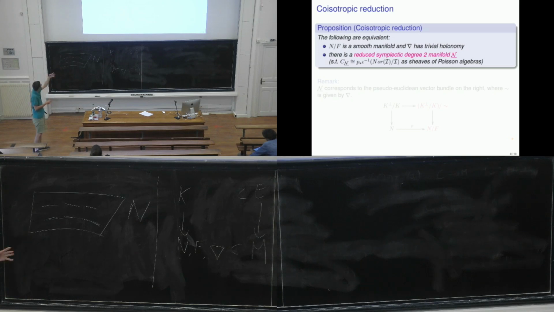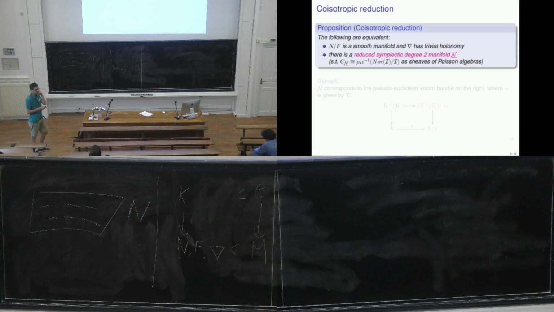You take the vanishing ideal of the coisotropic submanifold, take its normalizer, divide, and pull back, and that should be isomorphic to the functions. Both carry Poisson structures, Poisson brackets, and you want the isomorphism to preserve the Poisson brackets.